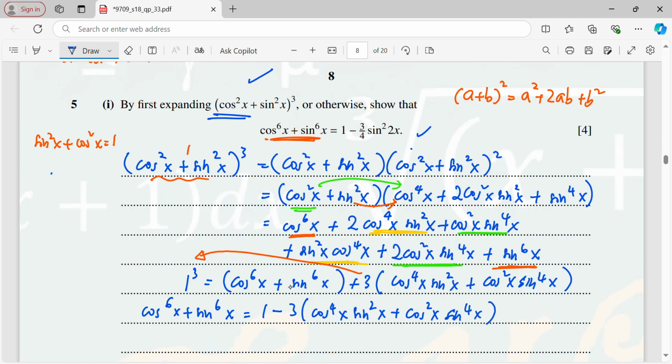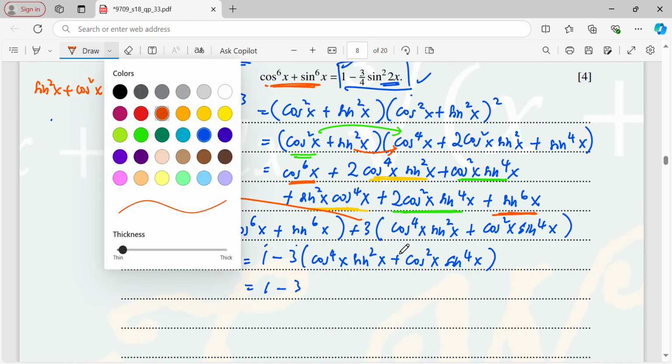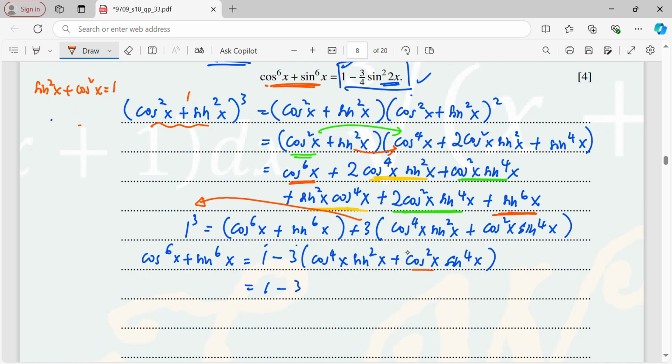So when you look at the answer on the right side here, I have found the 1. But instead of 3, I need to get 3 over 4, and at the same time, sine squared 2x. So now I need to factorize the common term. So I will write this as 3. When you compare the terms inside the bracket, the common term will be sine squared and cos squared. This will be the smallest degrees for these two terms.